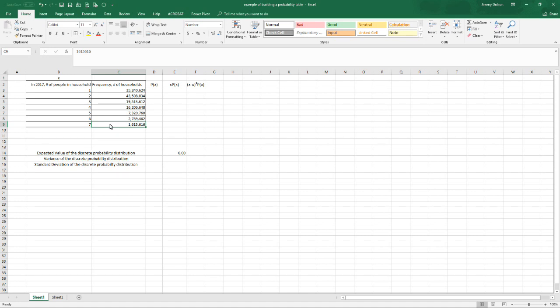What we want to do, I'm going to help fill in this table so that we can figure out the expected value or the mean, and we can figure out the variance, and then the standard deviation, and we'll draw a little chart at the same time.